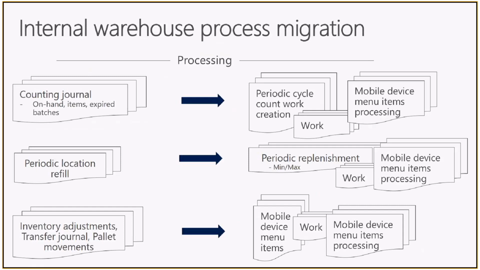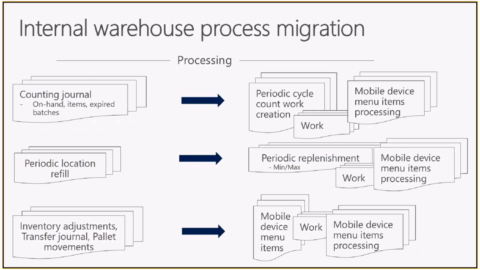In the new warehouse module, we have this capability of scheduling and creating cycle count plans that will create warehouse work, and the actual mobile app processing will make it possible to go and make sure that you capture the right recordings on each of the locations.